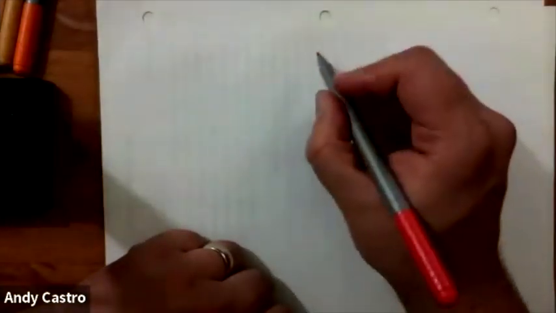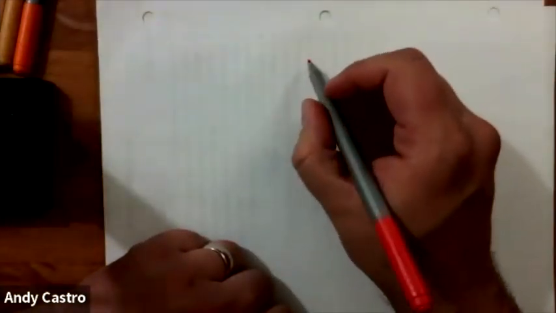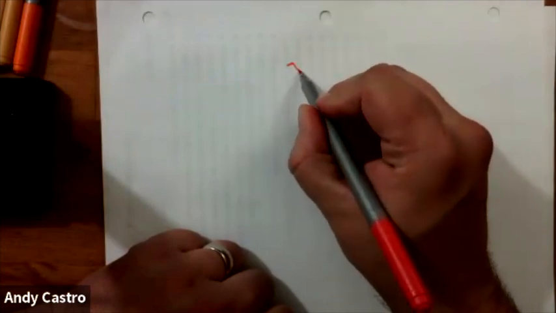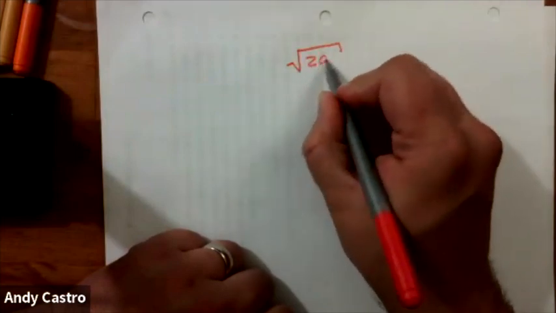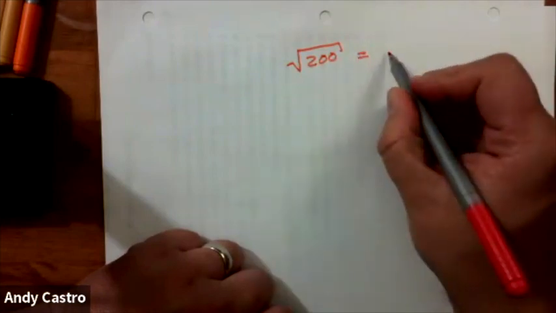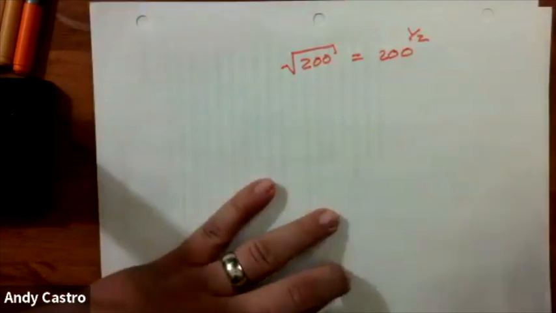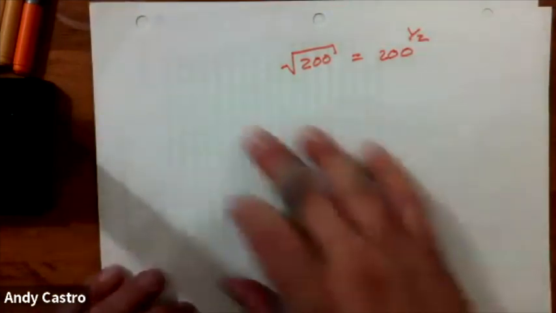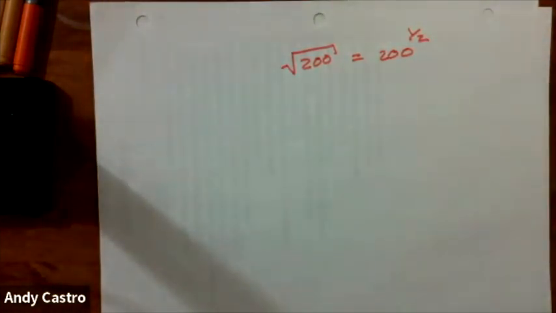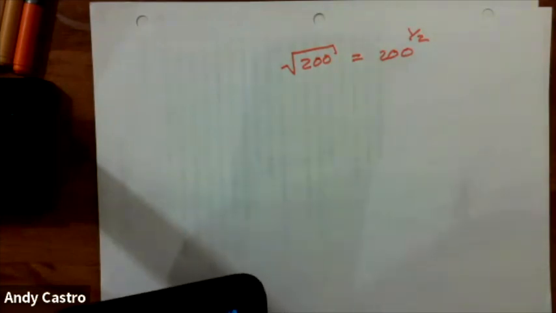So let's talk about simplifying radicals. Let's look at the square root of 200, or what can be called 200 to the 1/2 power. It means the exact same thing. How do I get that? We can plug this into our calculator, which I'm going to teach you how to do without using calculators, but I'm doing this just to show you.